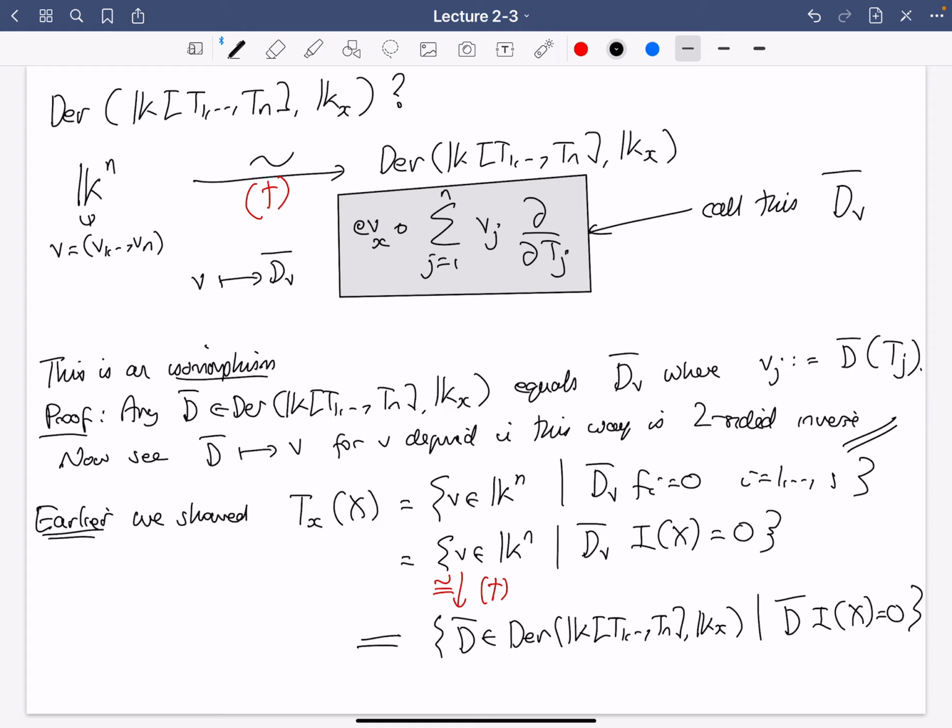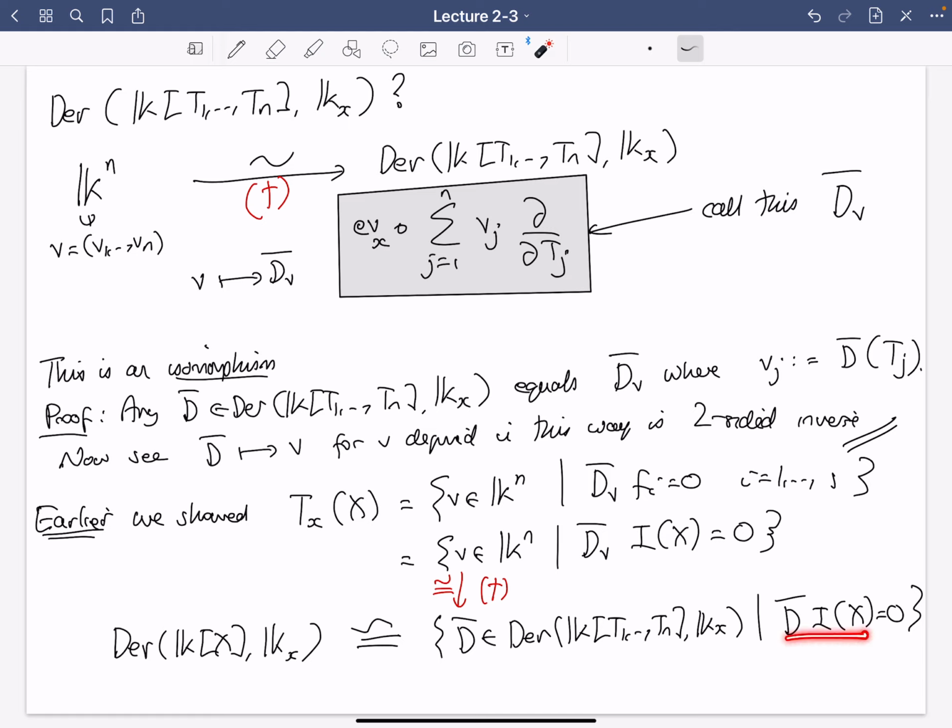And so what have we got? We're looking at functions from the polynomial algebra to the field which kill the subspace of the polynomial algebra that's the ideal of x. And that's just exactly the same as the point derivations from k of x to k. Because if you've got one of these d bars up here, k of x is a quotient of the polynomial algebra.